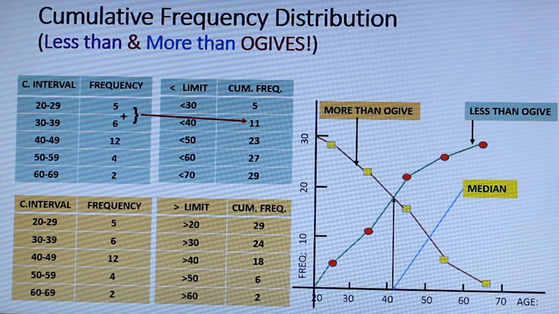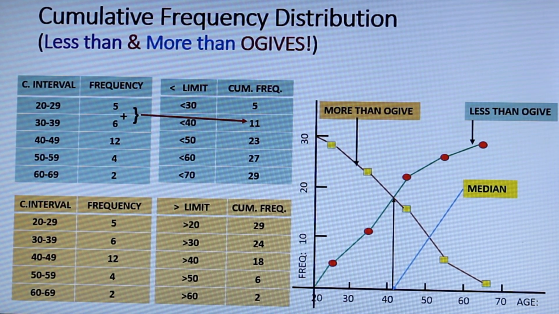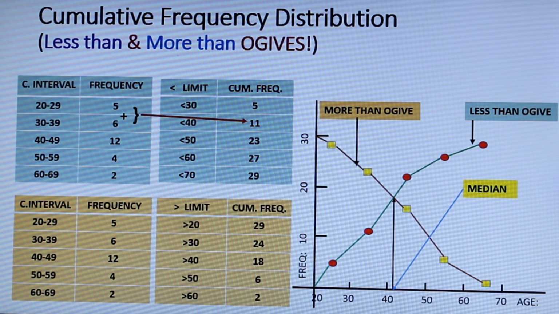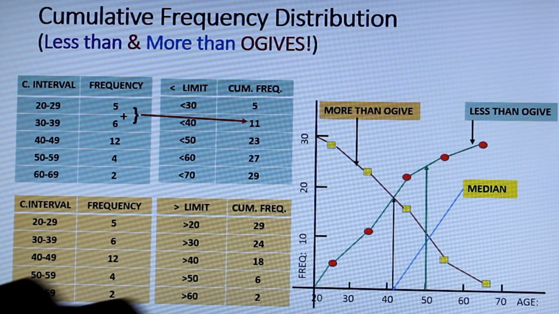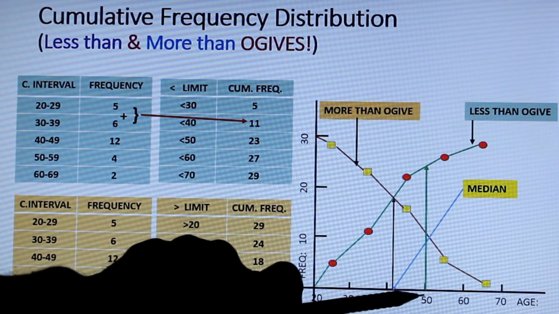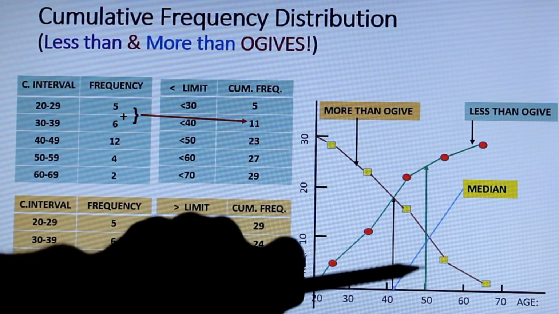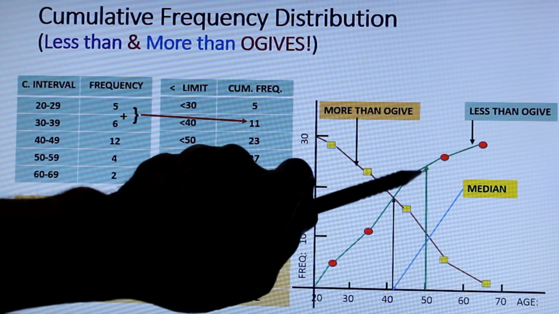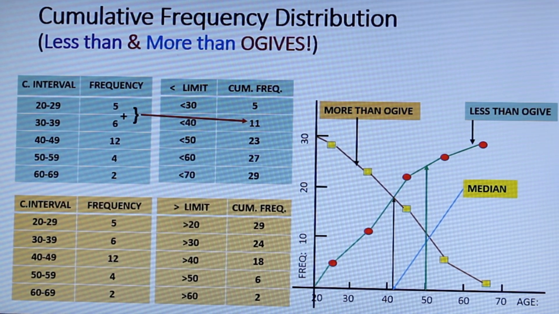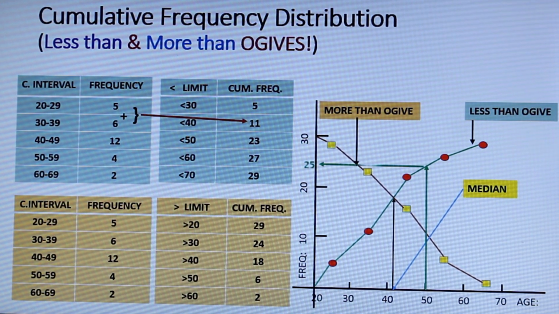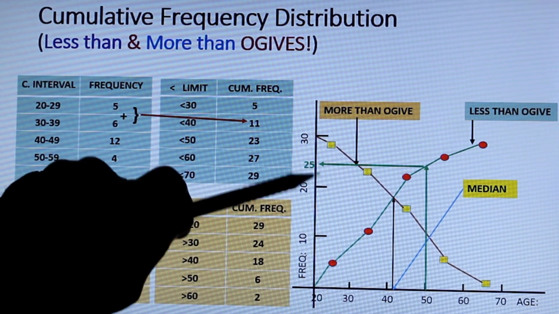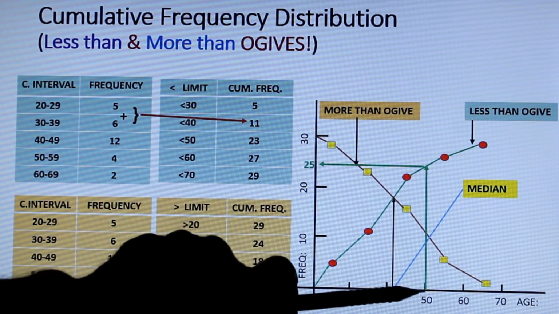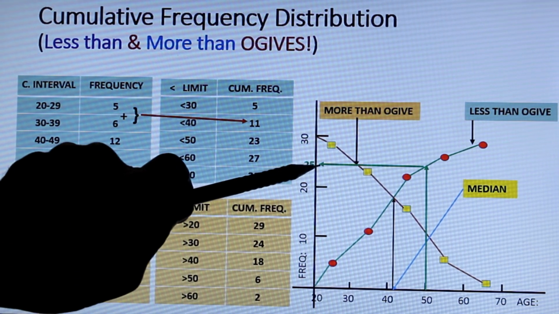Now let us try to understand how we can use this graph effectively. For example, let us take an age of 50. When you take the age of 50, straight away from this point you will get that approximately 25 employees are less than 50 years of age.